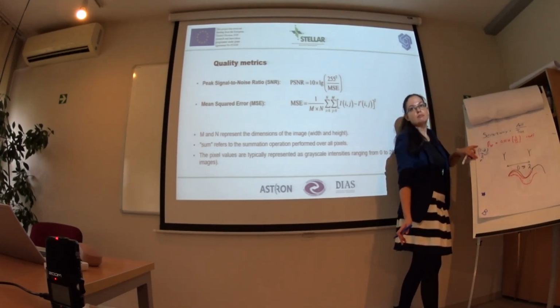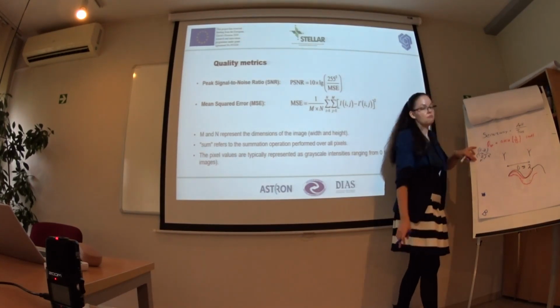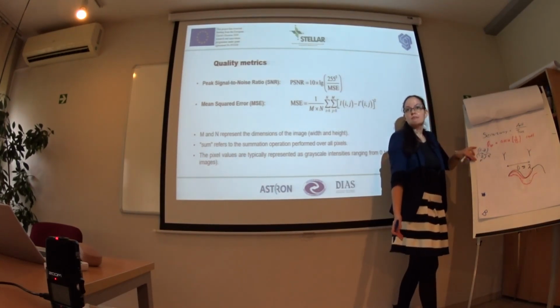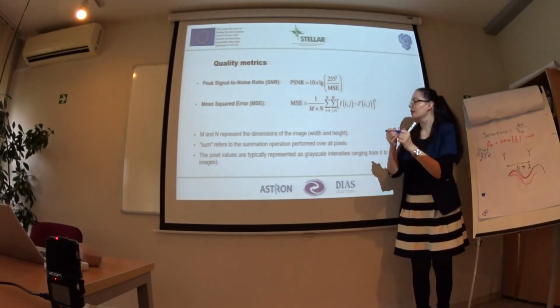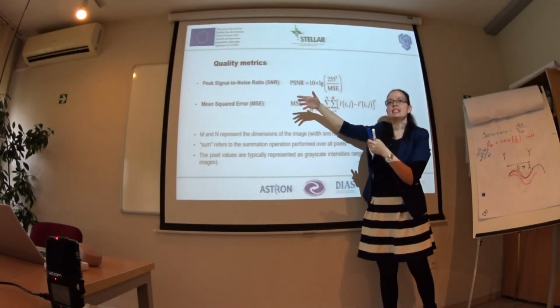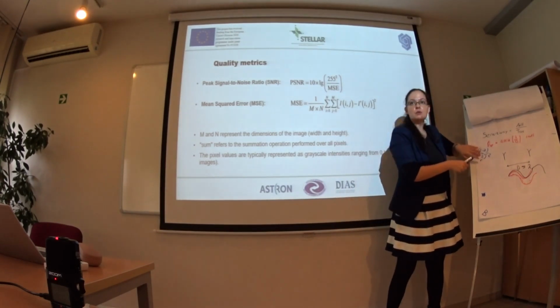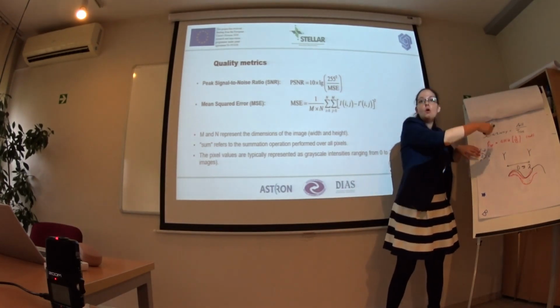Which tells us how much the processing changed it. Now we have the difference. But you will need the information for the whole image, not for the particular pixel here.